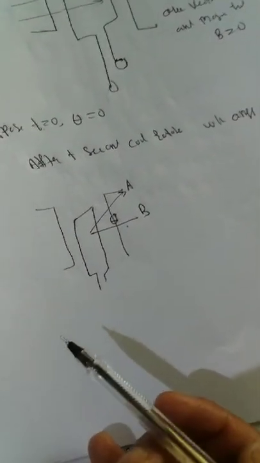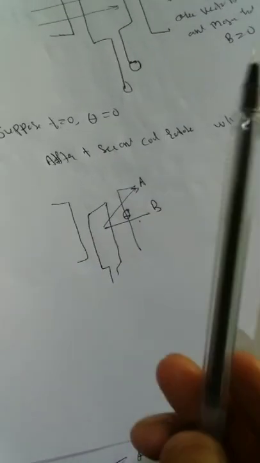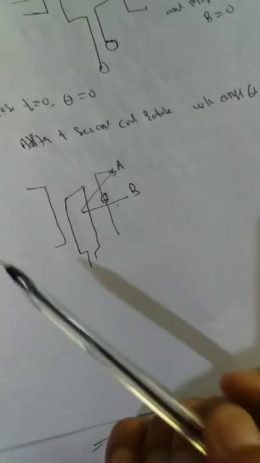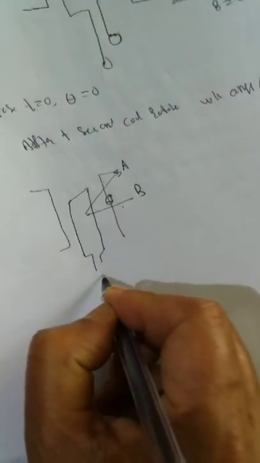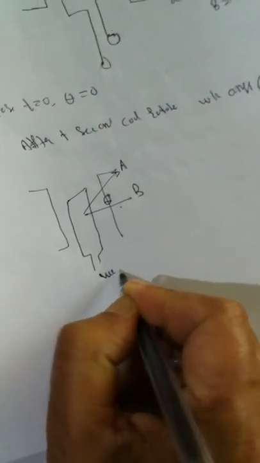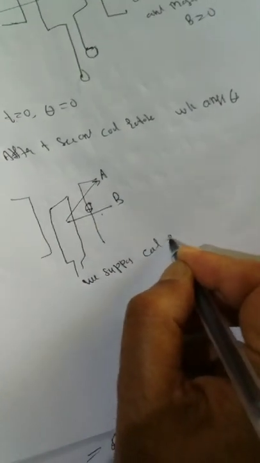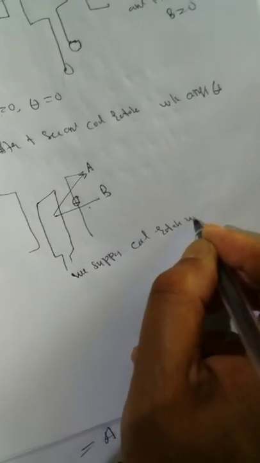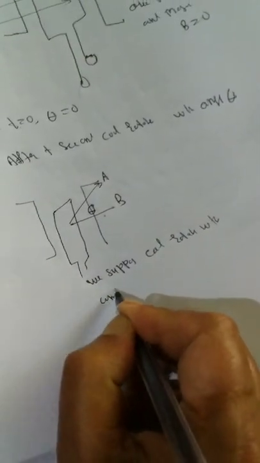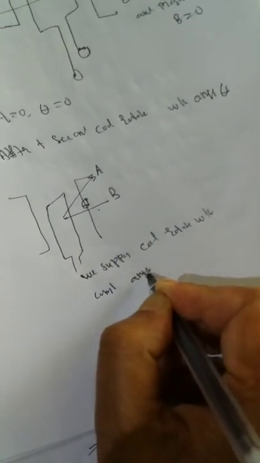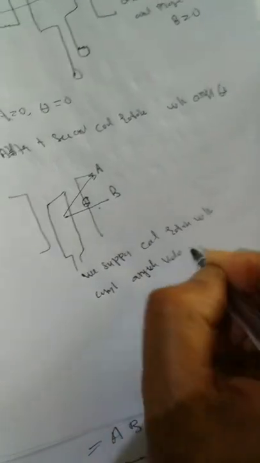Let's say the coil rotates with a constant angular velocity, omega.